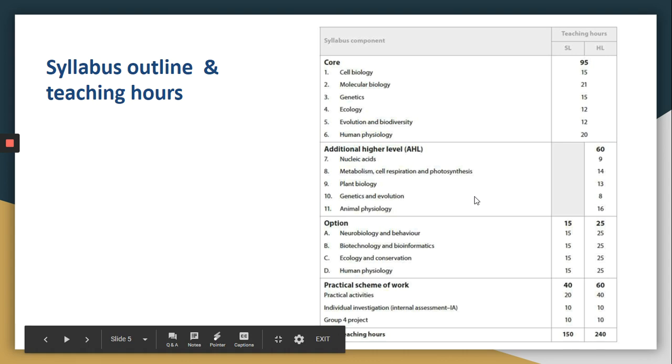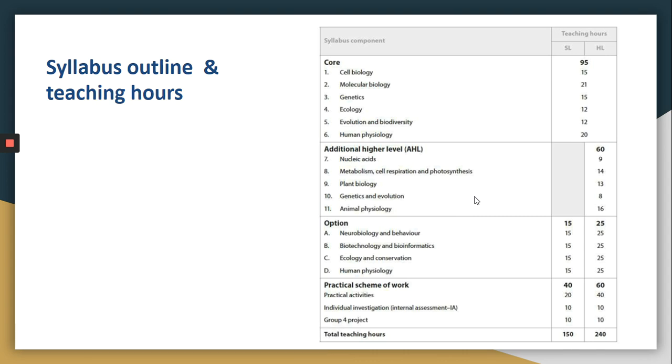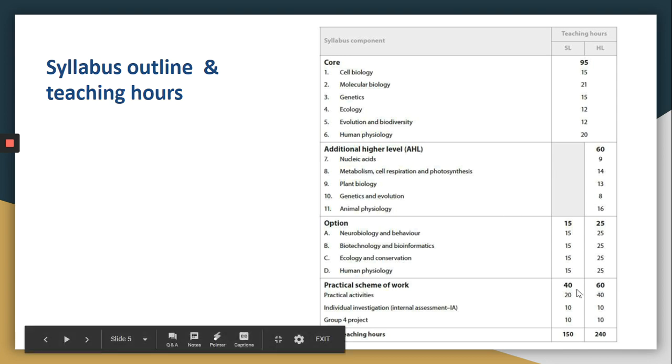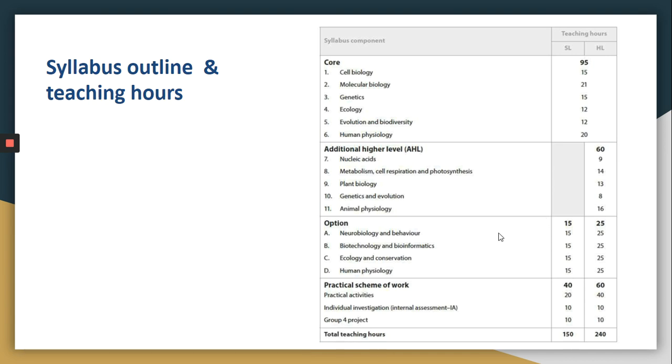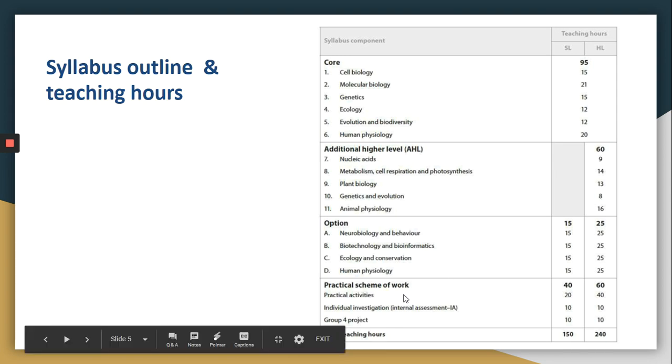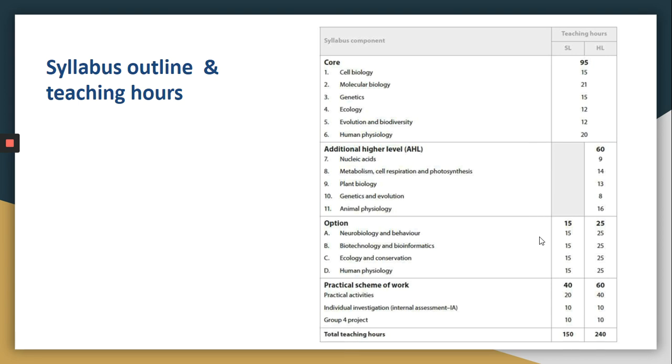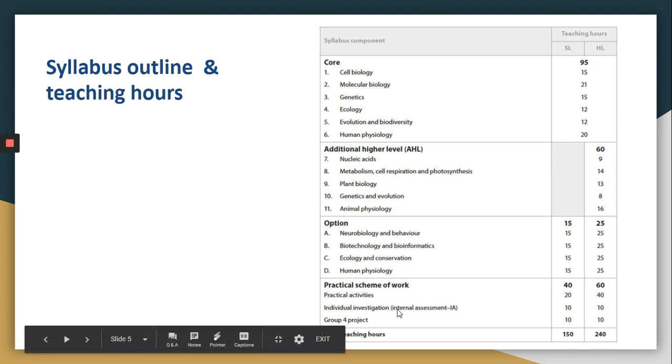What else? You need to do practical work of 60 hours for the HL students and 40 hours for SL students, so there's a 20-hour difference. This practical includes practical activities, which are the lab experiments that you're doing, and the individual investigation, which is called IA.